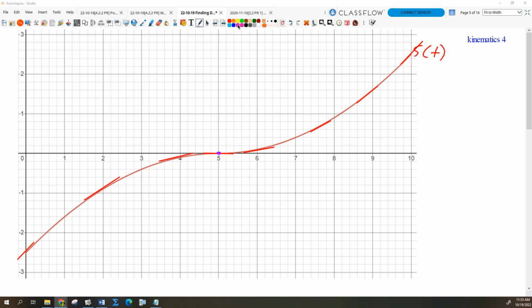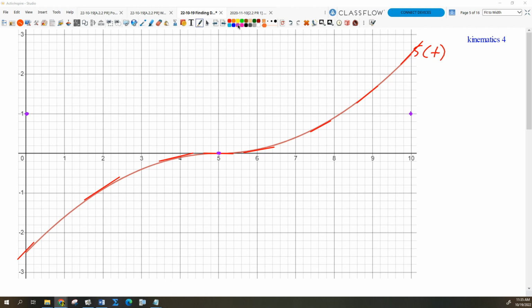Okay, can you find any other points that we could? We don't need a ton of them. But like, what about at 0 and 10? What would the slopes be there, do you think? Looks like 1 at both places, positive 1. And then what's the slope doing? Doesn't that make sense? The slope is starting off very positive.